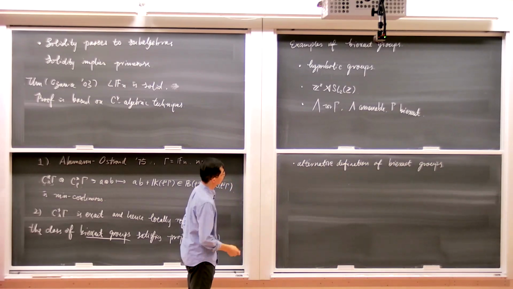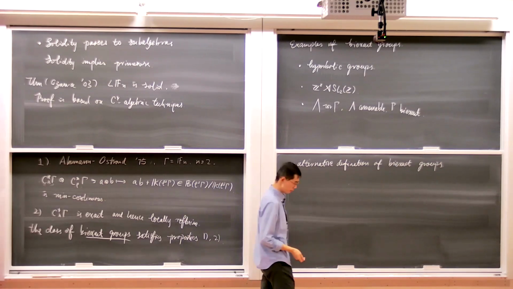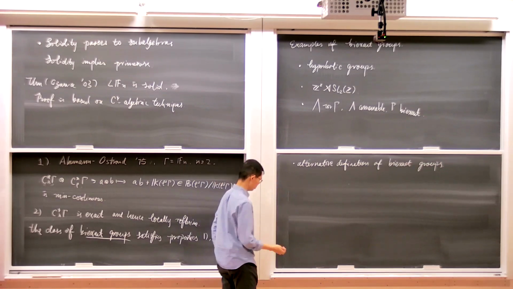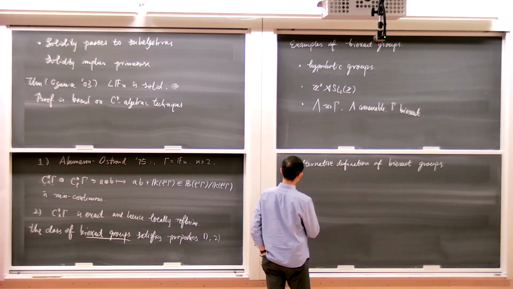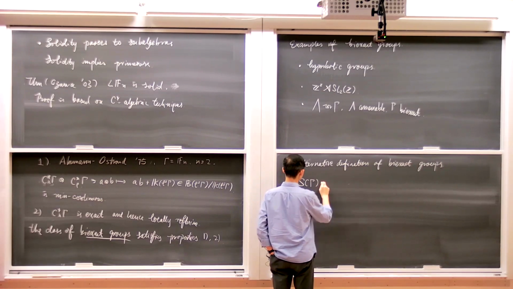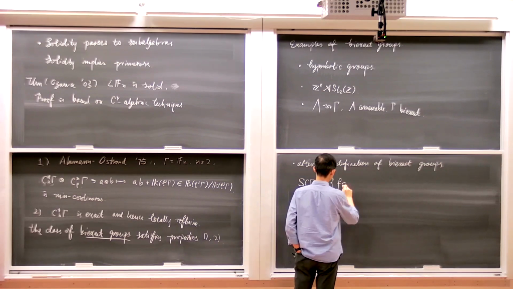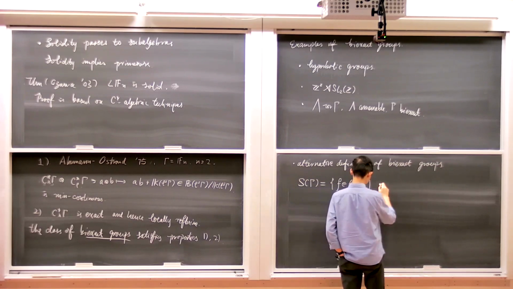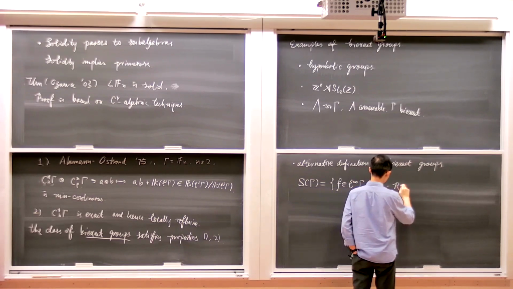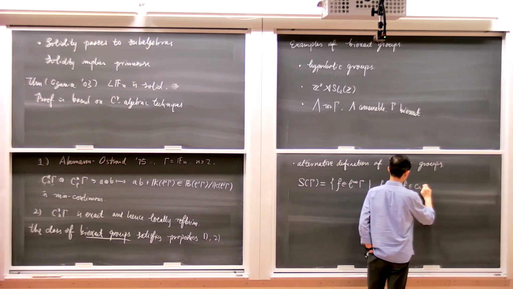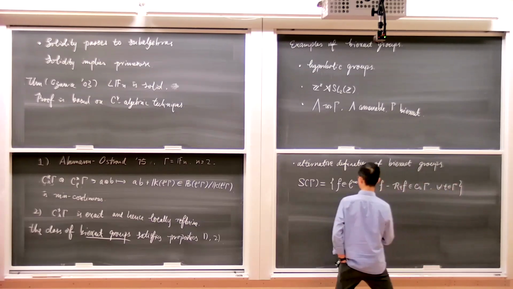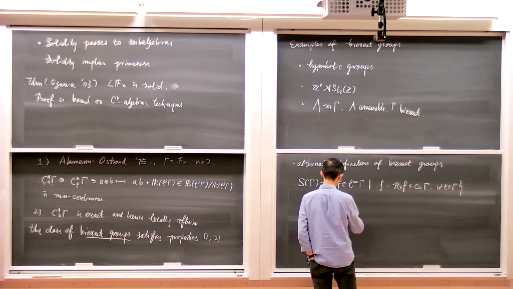And so let me describe an alternative description that will be more relevant to what we're going to be doing next. So now let's look at a subalgebra of all bounded functions on the group gamma. So this is inside L infinity.